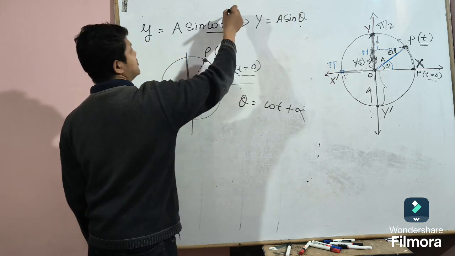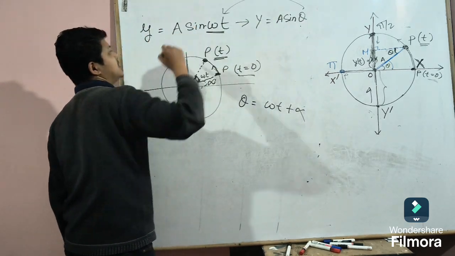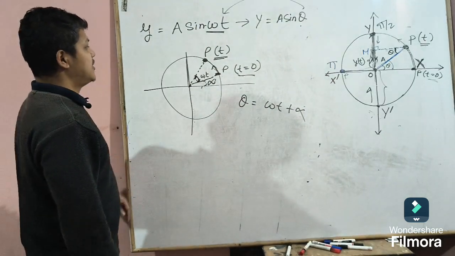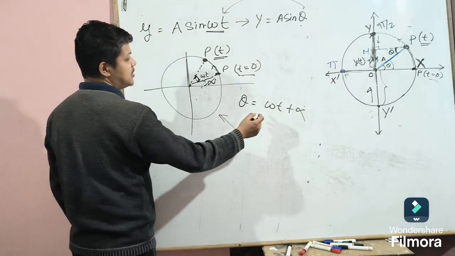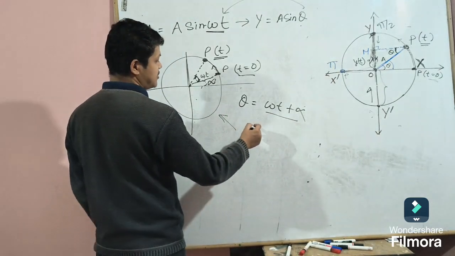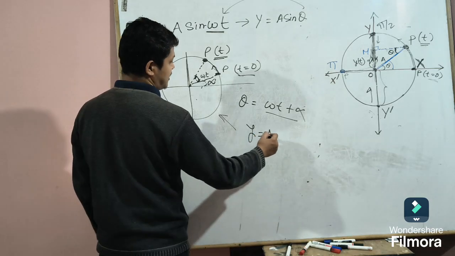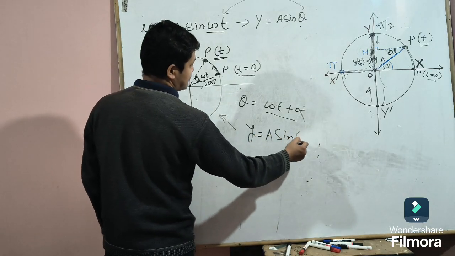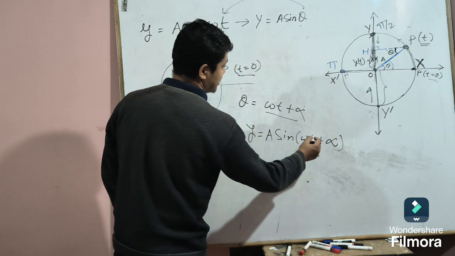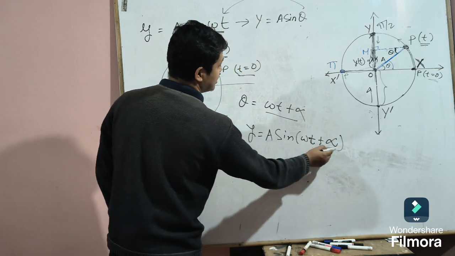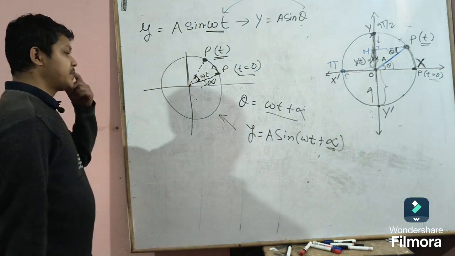For this case, theta is equal to omega t plus alpha, so we get y is equal to a sine of omega t plus phi. This is called the initial phase, right?